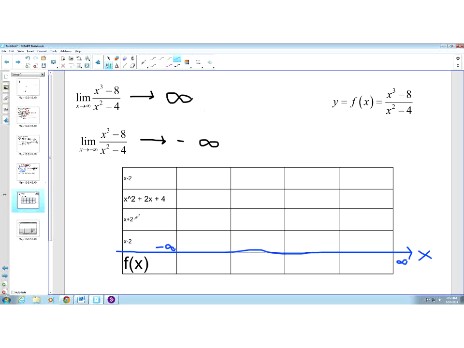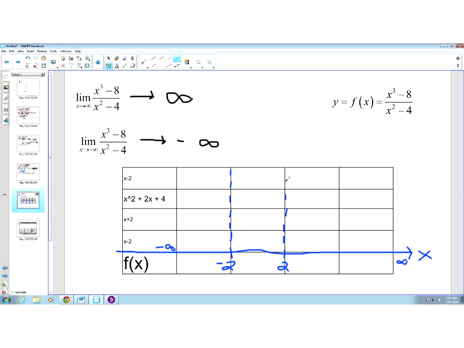The smallest zero would be the zero of this factor, which is minus 2, so we'll plot minus 2 here. The next zero occurred at x equals 2. Is that right? Yes, it appears to be right. And of course, x equals 2 and x equals minus 2 are not in the domain of the function. Negative 2 and 2 are not in the domain of the function.